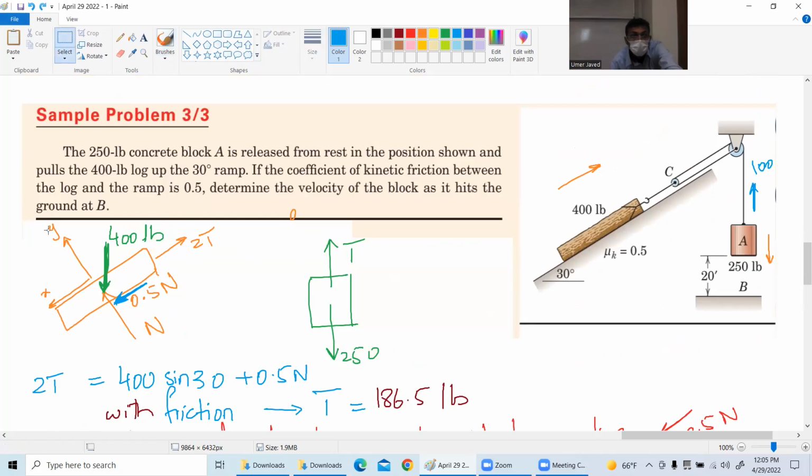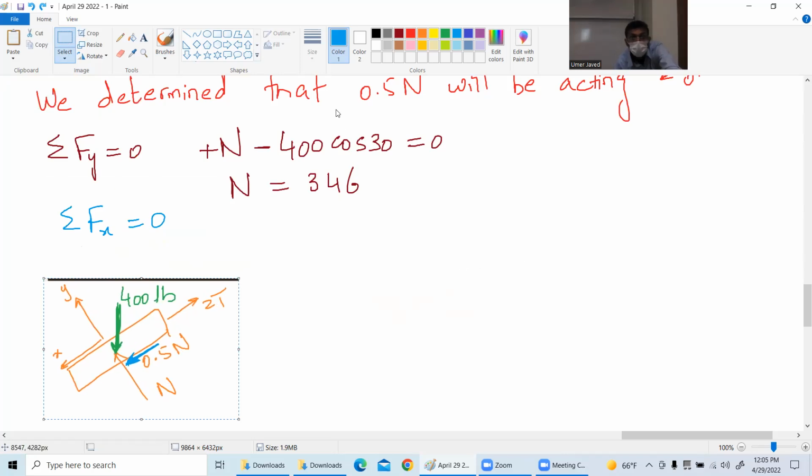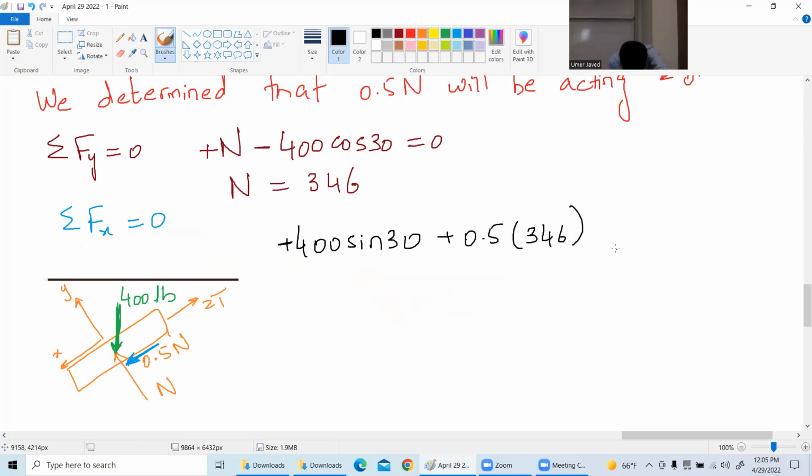So if this is my reference line, I will just finish the problem as summation of forces in the x direction. I will copy this chunk, Control V. So this comes out to be 400 sine 30, and I will put a positive sign here. And then I have plus 0.5 into normal force, which I got as 346. And then I have the tension going towards right.